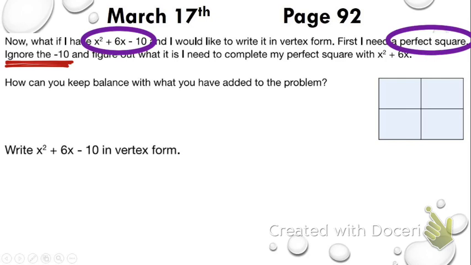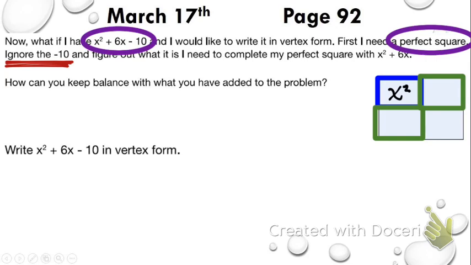So if I ignore the minus 10, and I've got my attention just focused on the x squared and the plus 6x, talk to me about what I need to do to fill in this box. Yep.